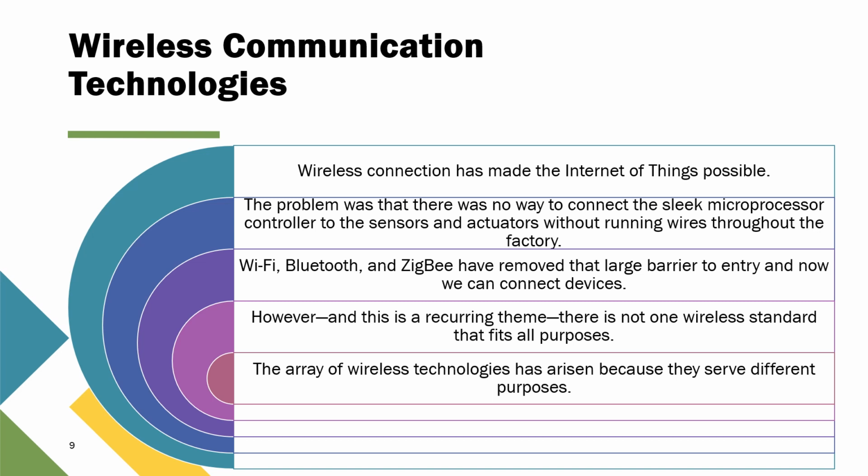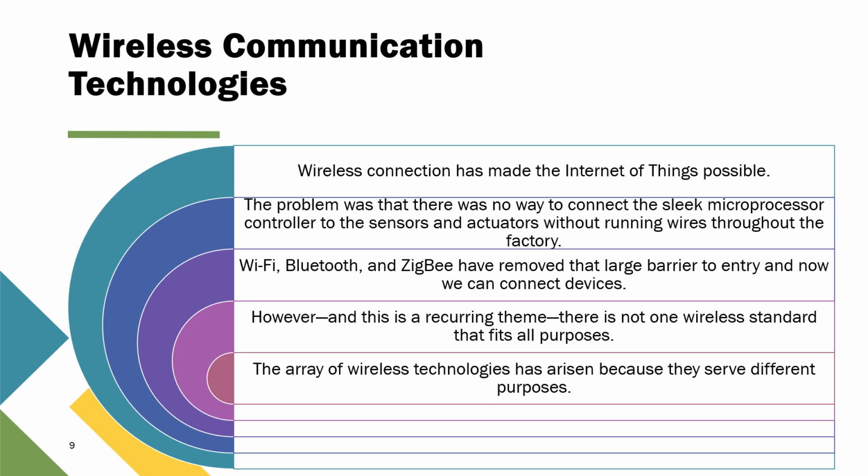Wireless communication technologies such as Wi-Fi, Bluetooth, and Zigbee have removed this large barrier to entry, so now we can connect the devices to the microprocessor. However, this is a recurring theme: there is not one wireless standard that will fit all purposes in the factory.